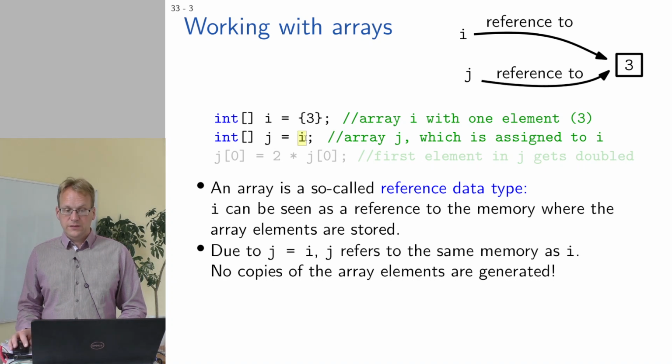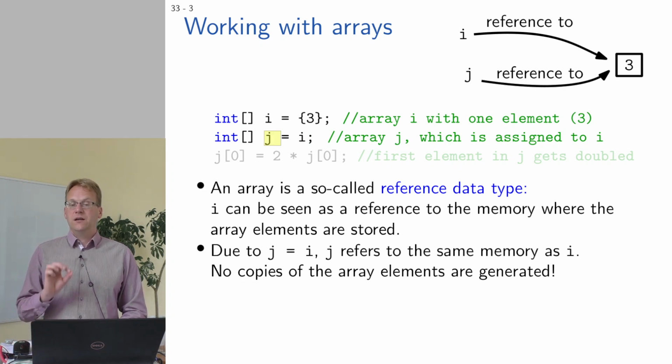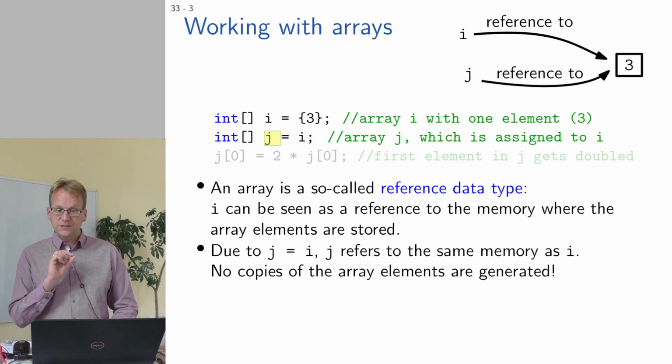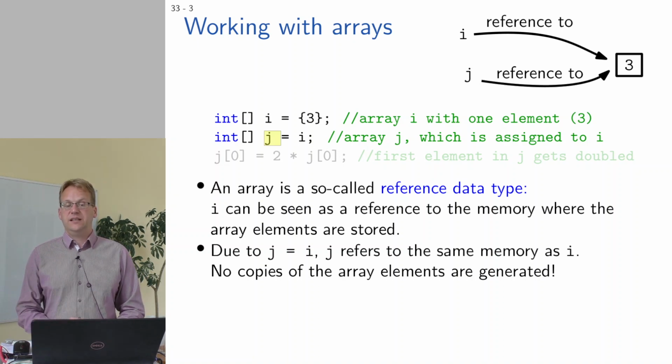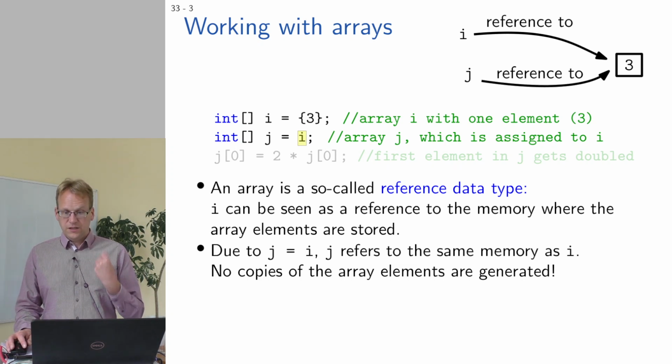Rather, we take that array which is referenced by i, and after this assignment, j will refer to the same array as i. We just read out variable i, meaning we look at what is the array referenced by i, and with this assignment afterwards, j will refer to the same array.